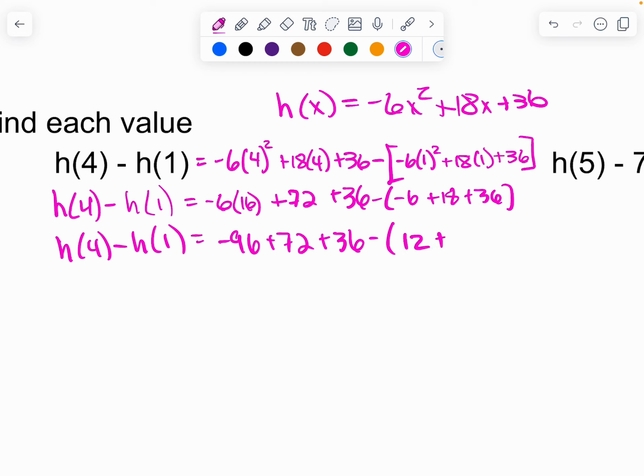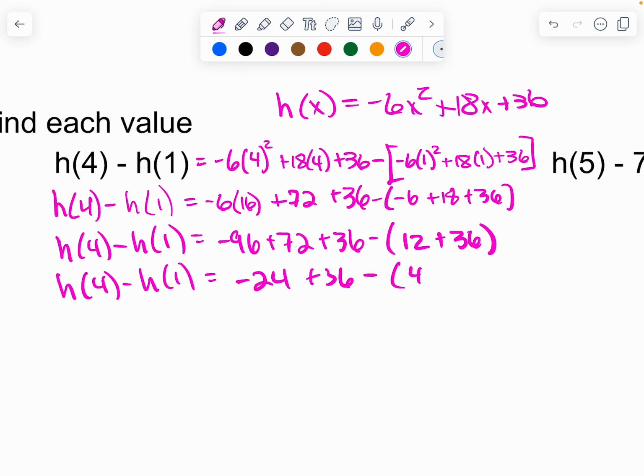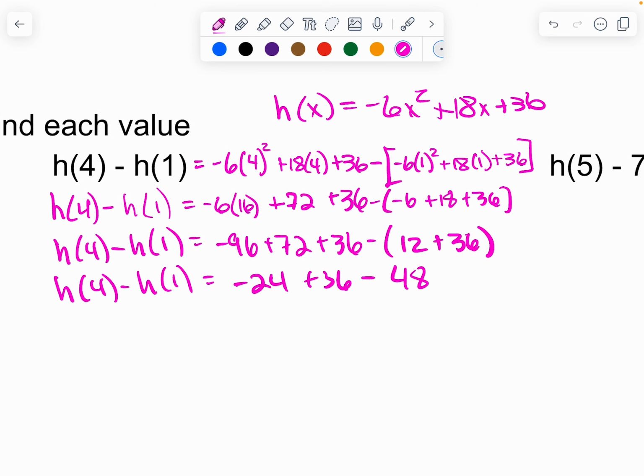This is 12 plus 36. H of 4 minus h of 1 equals negative 24 plus 36 minus 48. And can I just put that into the calculator as is? Yes. Negative 24 plus 36 minus 48 equals negative 36.